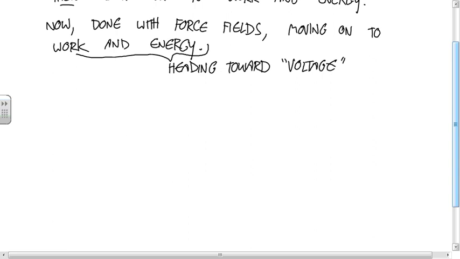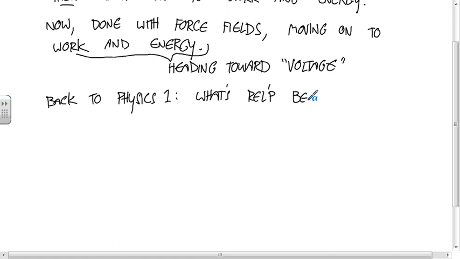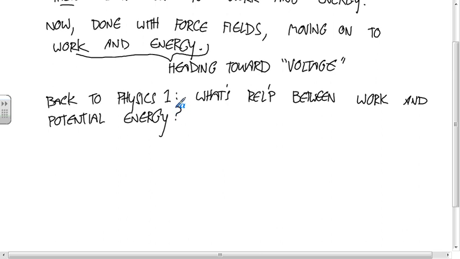So, does anyone remember the relationship between work and potential energy? I brought this up sort of in passing last semester. There is one.